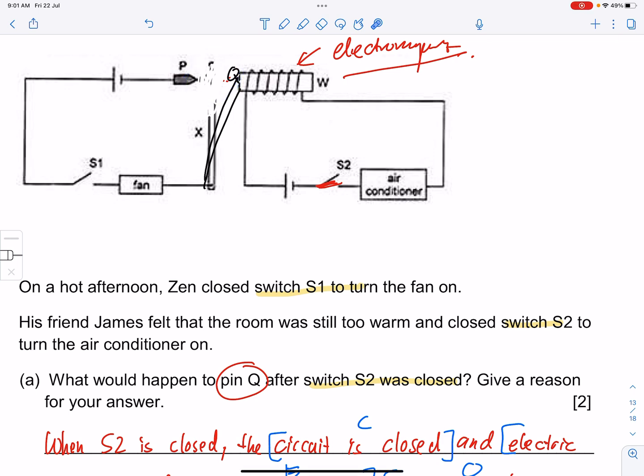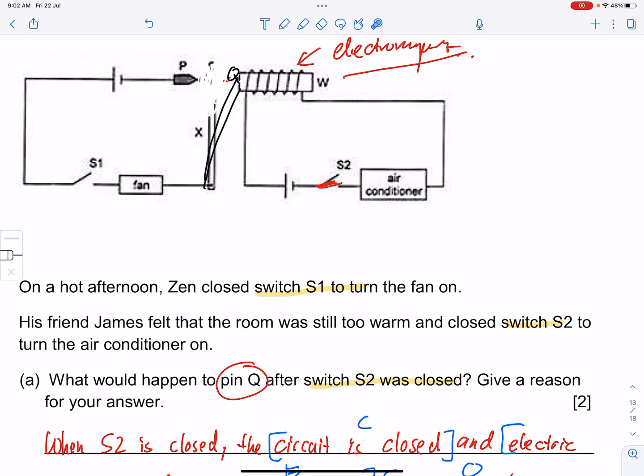So in your answer, you need to say, when switch 2 is closed, Q is attracted to W. Hence, the circuit is no longer complete, or the circuit is open. Electric current cannot flow through, causing the fan to be turned off.